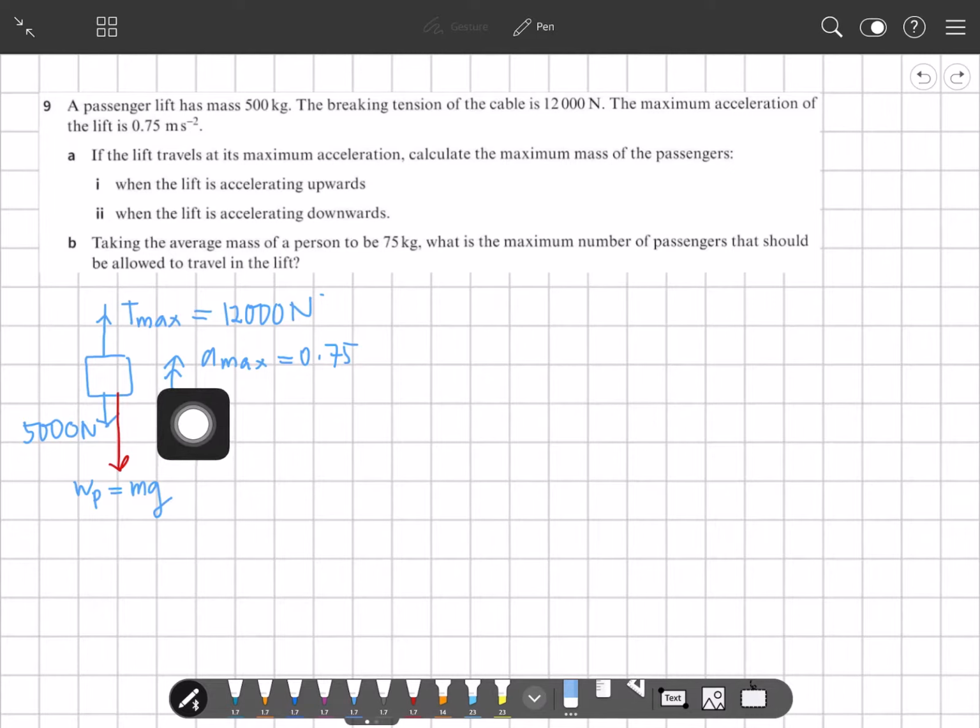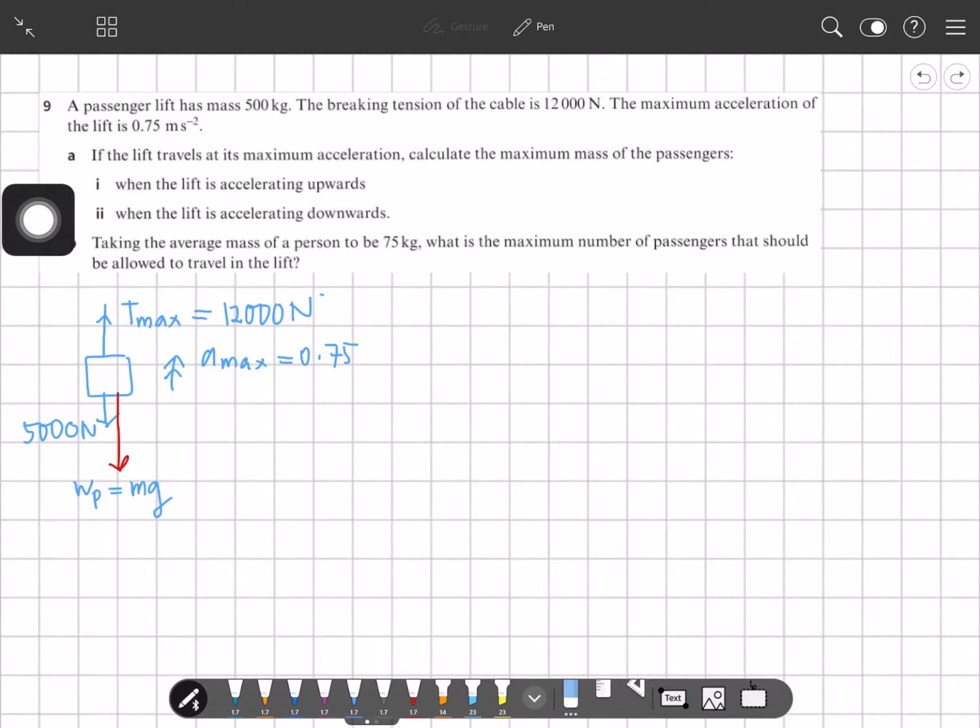And then given also in the question, the maximum acceleration of the lift is equal to 0.75 meter per second square. Here we assume going upward is the positive direction.